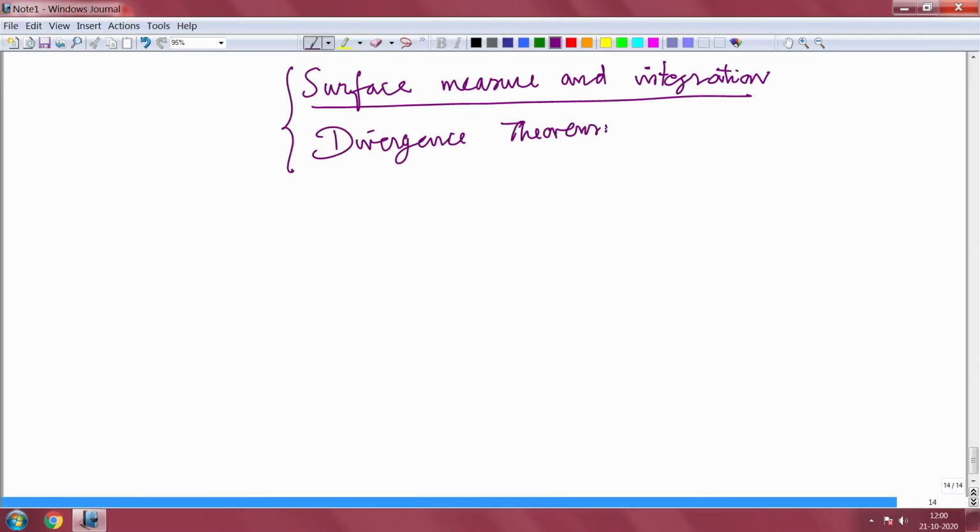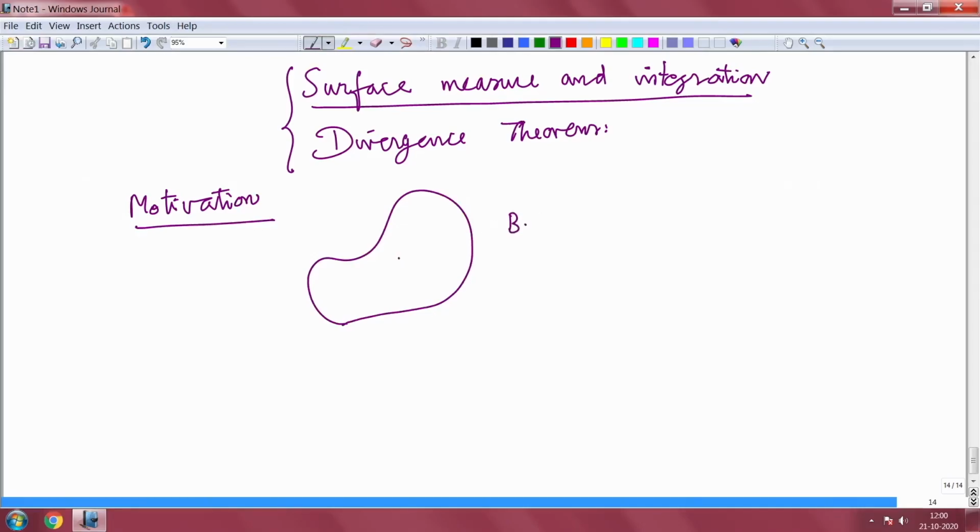So, you try to understand the kind of motivation basically. When you study a PDE, you will be studying boundary value problems.